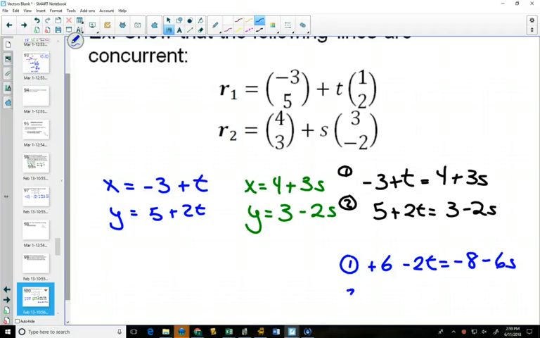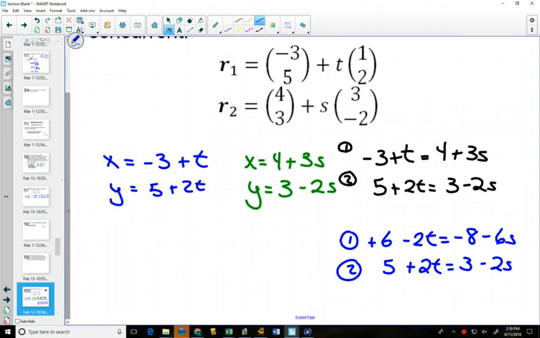If I rewrote equation 2, 5 plus 2t equals 3 minus 2s, the advantage of doing this is if I add equation 1 to equation 2 at this point, my variable t will be eliminated. 11 equals negative 11 minus 8s.